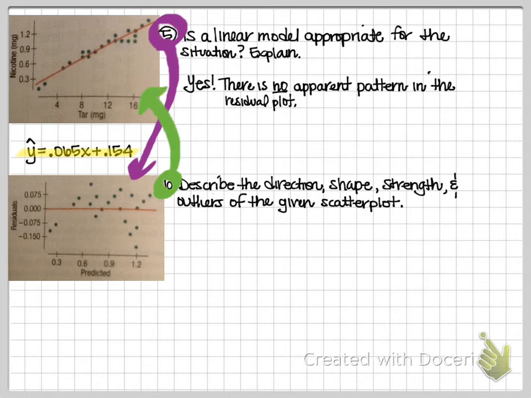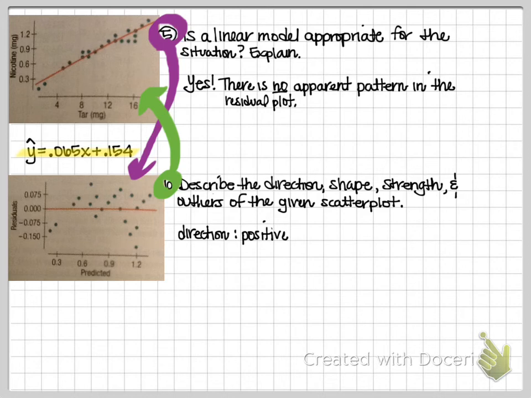I only care about the scatter plot in this situation. Direction is either positive or negative. Are your points trending up or trending down? It looks like my points are trending up. So my direction here is going to be positive, since they are going up.